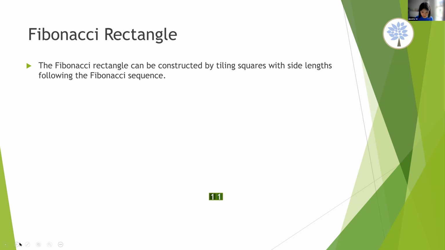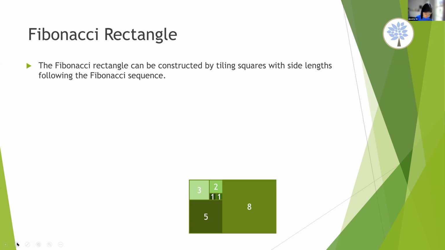Starting from two squares of side length 1, take the side lengths of the two squares to make another square whose side length is the sum of those two adjacent squares. So 1 plus 1 is 2, 1 plus 2 is 3, 3 plus 2 is 5, and so on.